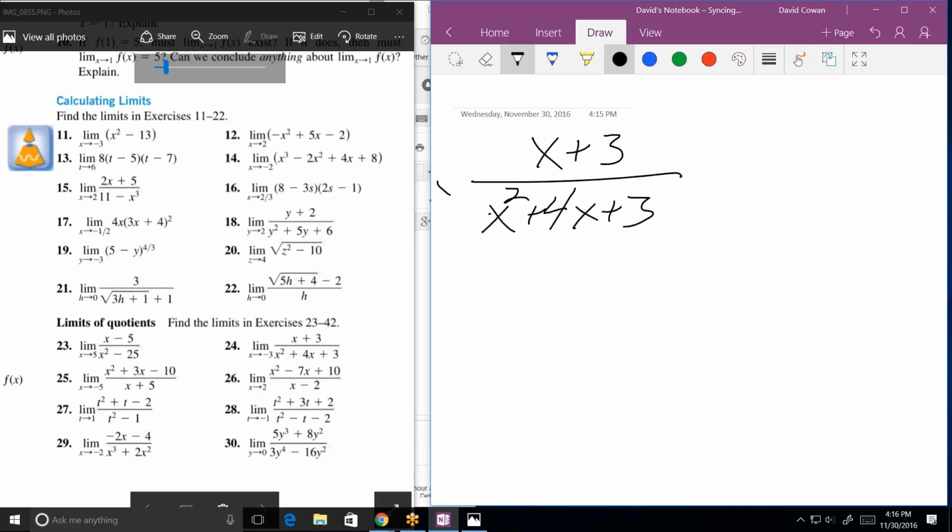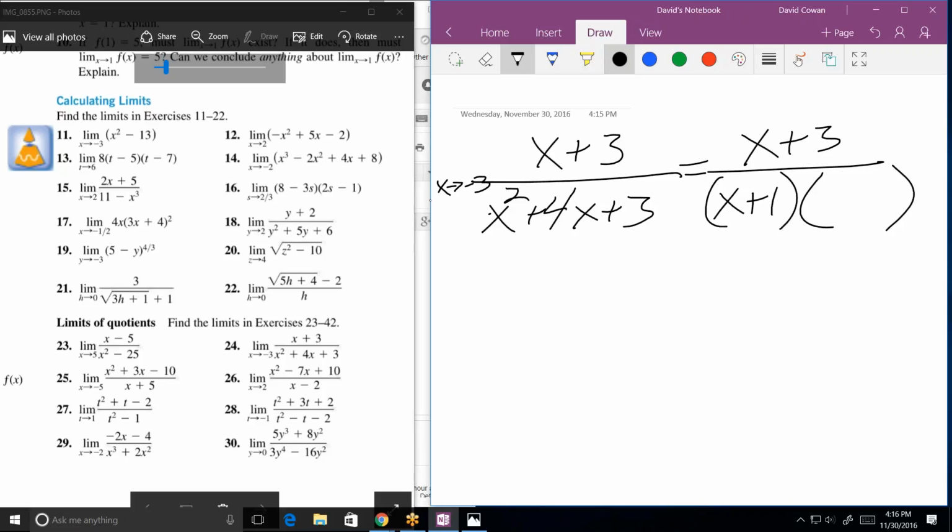And again, as x goes to minus 3, top and bottom both go to 0. So what am I going to do? Then I'd have to factor. So it would be x plus 4. No. Remember the x plus 1 and x plus 3.